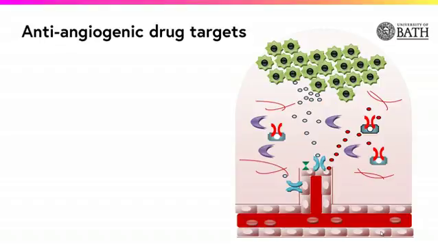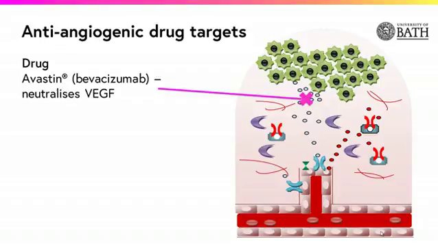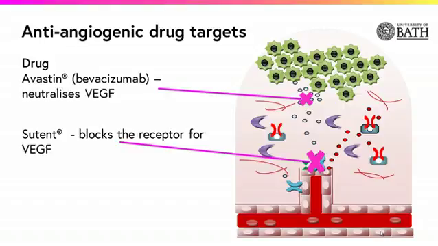Now, there are several anti-angiogenic drug targets. One example here is Avastin, which inactivates this VEGF itself, and it has undergone clinical trials quite successfully for certain types of brain cancers called glioblastoma, recurrent glioblastomas, but it wasn't very good for colon cancers.